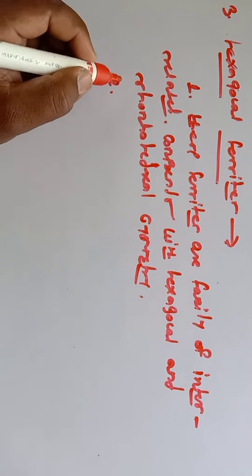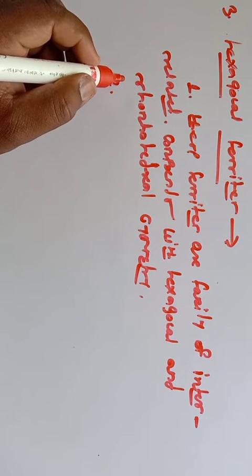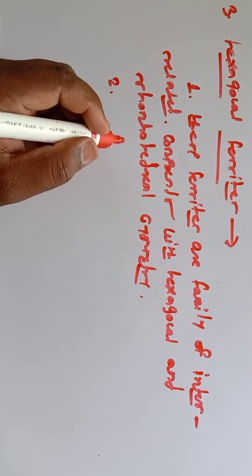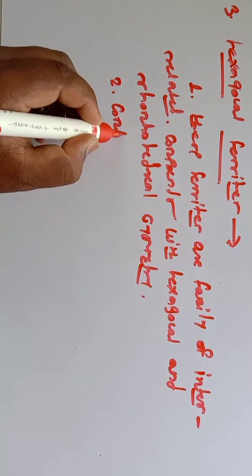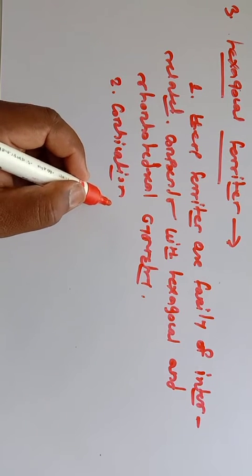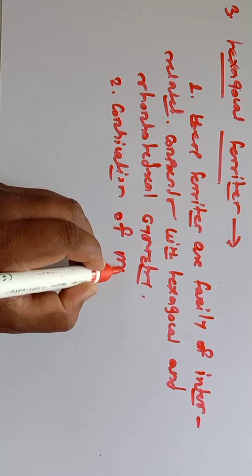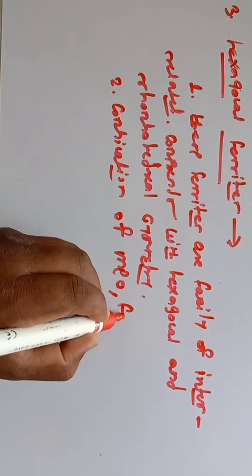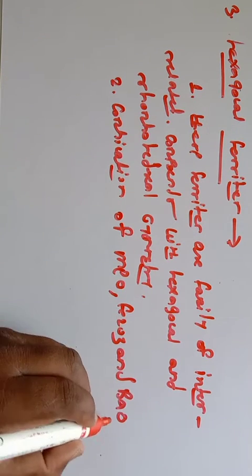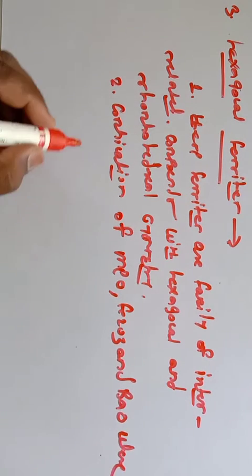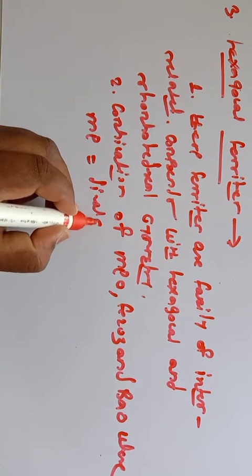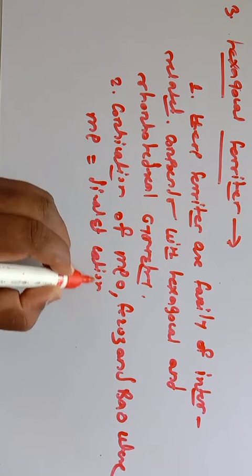Second, the composition. If you consider the composition, these hexagonal ferrites are the combination of MeO, Fe2O3, and barium oxide, where Me is a divalent cation, that is, it is present in the plus 2 oxidation state.